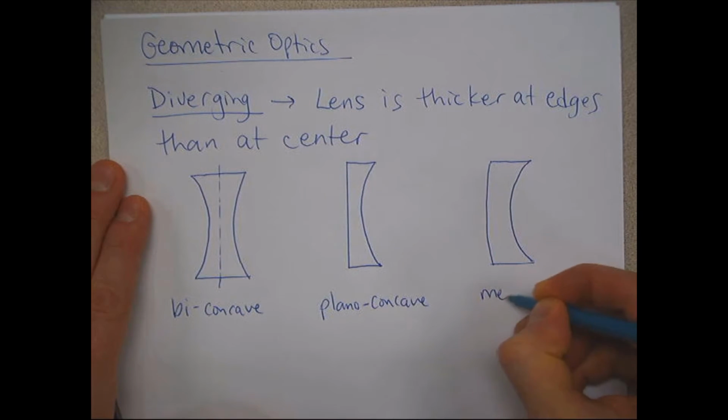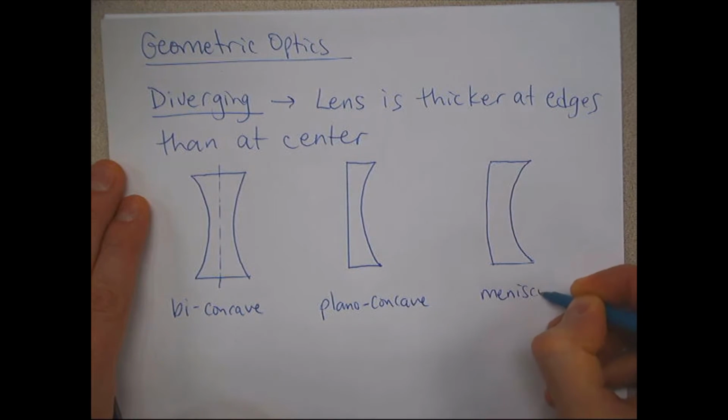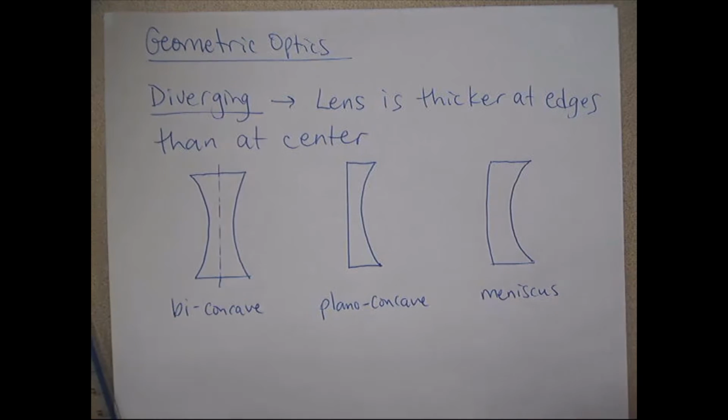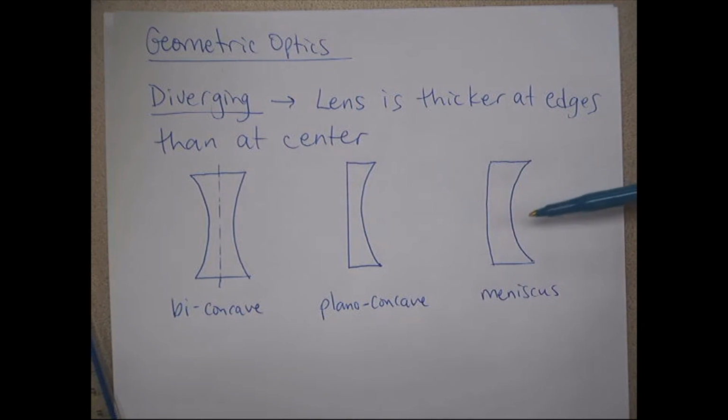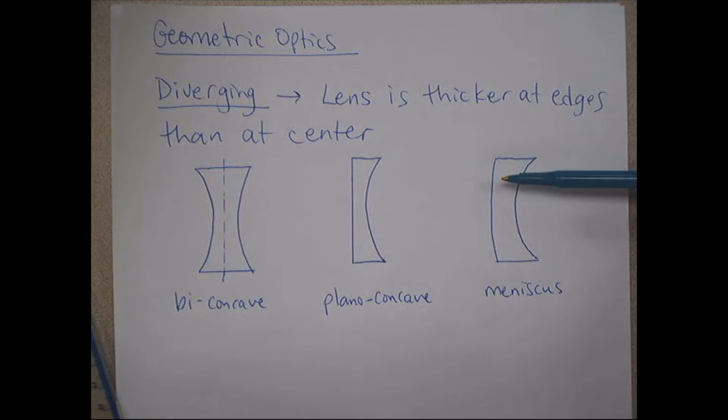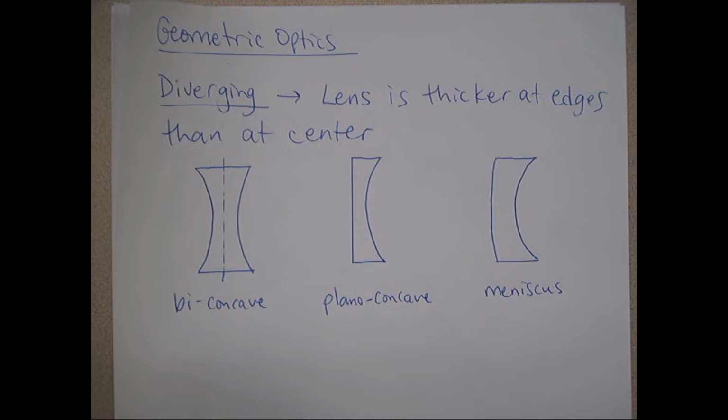So it's another type of meniscus lens. You can see that the plano concave is just a special case of the meniscus lens. When this large radius of curvature goes to infinity, you just get a flat surface on one side.